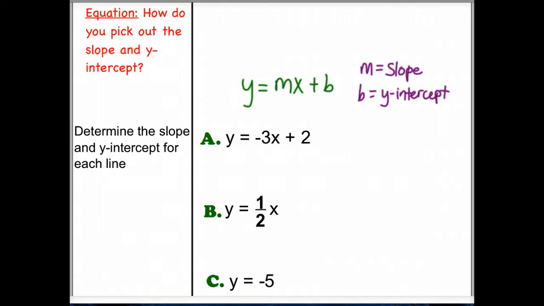In the first example, we have negative 3, and we also have the number 2. We know that the slope is negative 3, so m equals negative 3, because it's in this position in the equation. I'm also going to write that that is the slope, just so we're clear. And the plus 2 at the end is your plus b, so b equals 2, and that's the y-intercept.